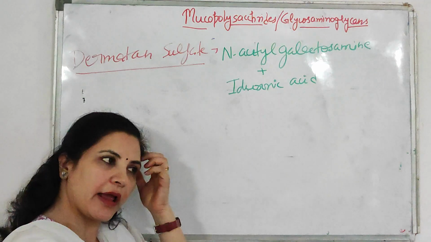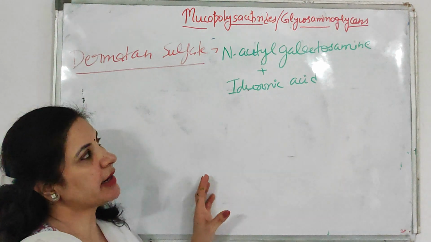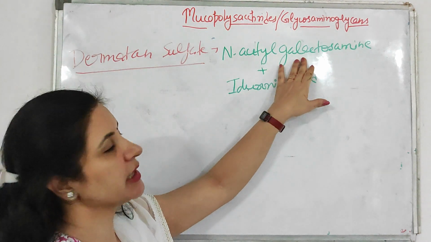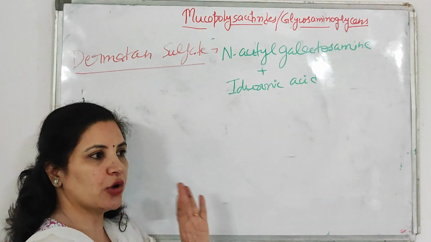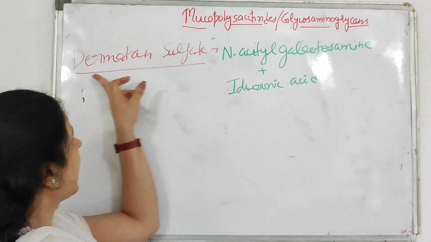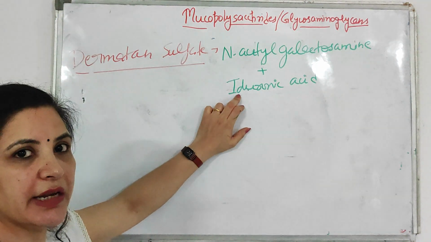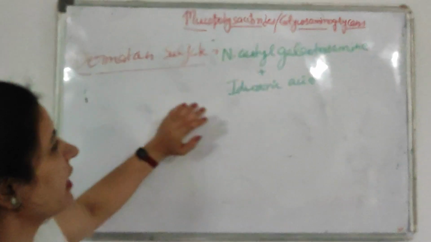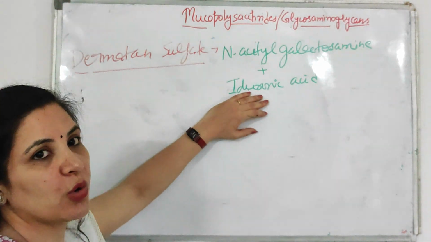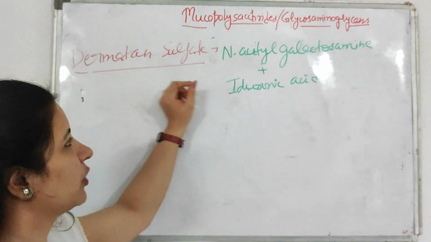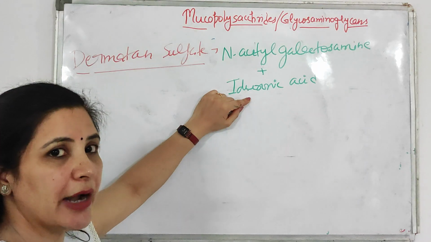Now how will you remember which uronic acid is present where? Remember, gala night having a CD: with this mnemonic you can easily remember that chondroitin sulfate and dermatan sulfate both contain N-acetyl galactosamine. Now the confusion is between the uronic acids. Dermatan has a D, and iduronic acid also has a D. So in dermatan sulfate there is iduronic acid, while in chondroitin sulfate there is glucuronic acid.